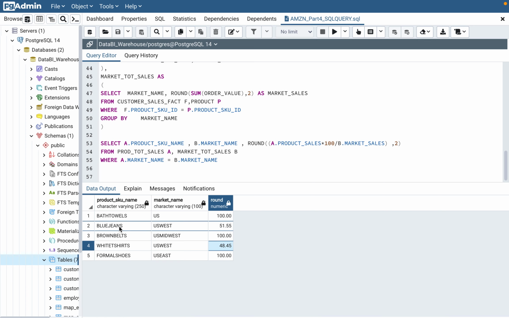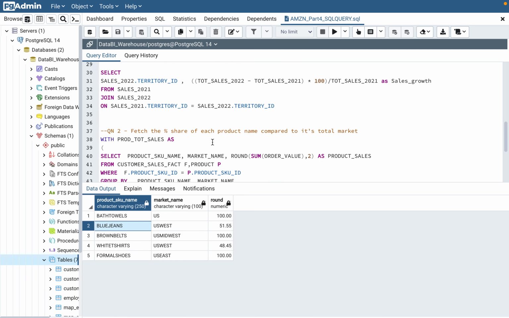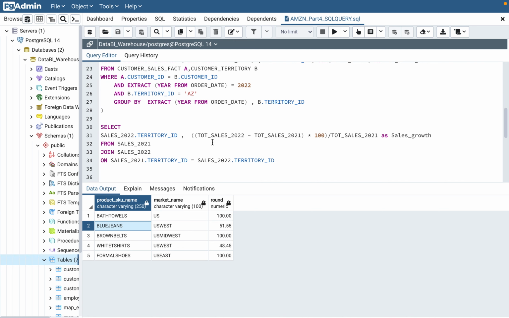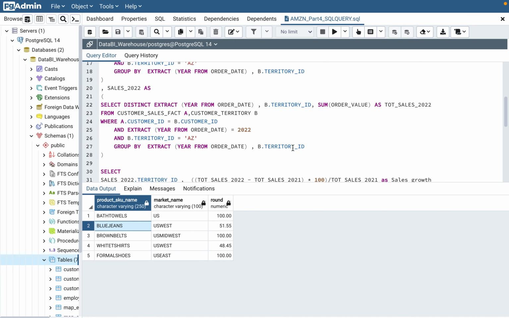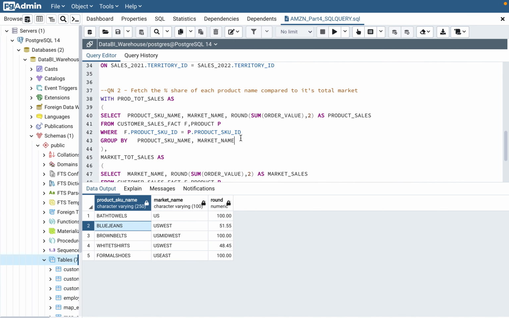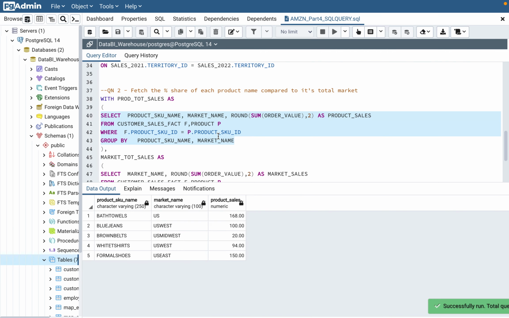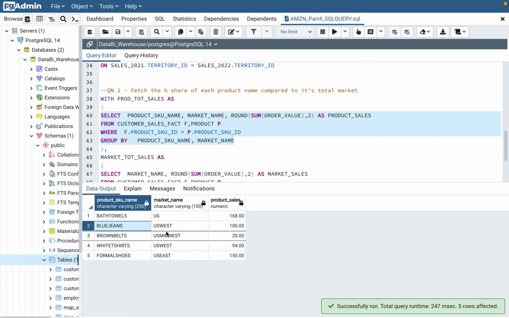So what we can say is blue jeans has a 51.55% market share in the US West market and white t-shirts has a 48.45. So we can just compare this, right? So blue jeans sales we can compare. So if you run this query, blue jeans is in the US West market.